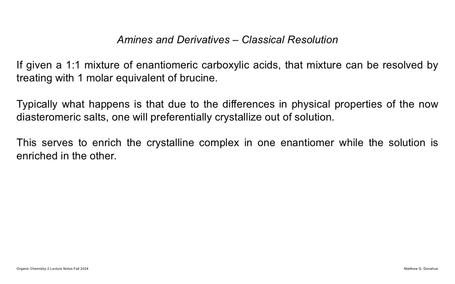So if you were given a one-to-one mixture of carboxylic acids, and I'm going to put a star there, where the star means that within that R group, there's a stereo center. And so let's just say the first one's the R enantiomer, and the second one is the S enantiomer. And then you treat with brucine.